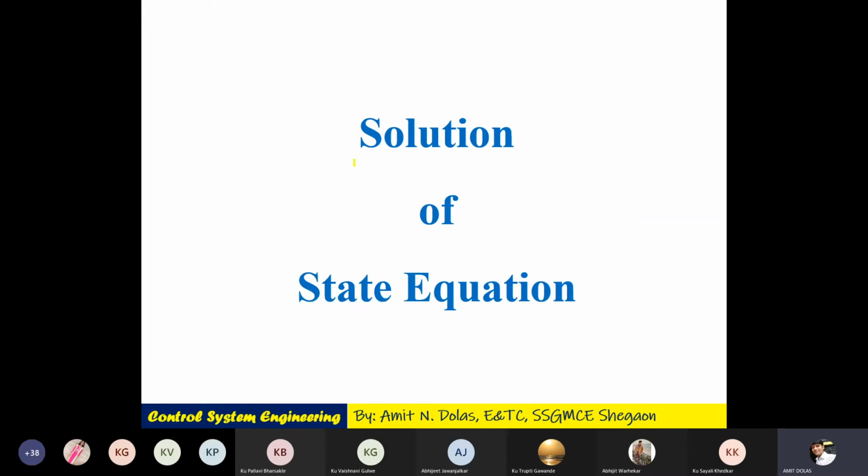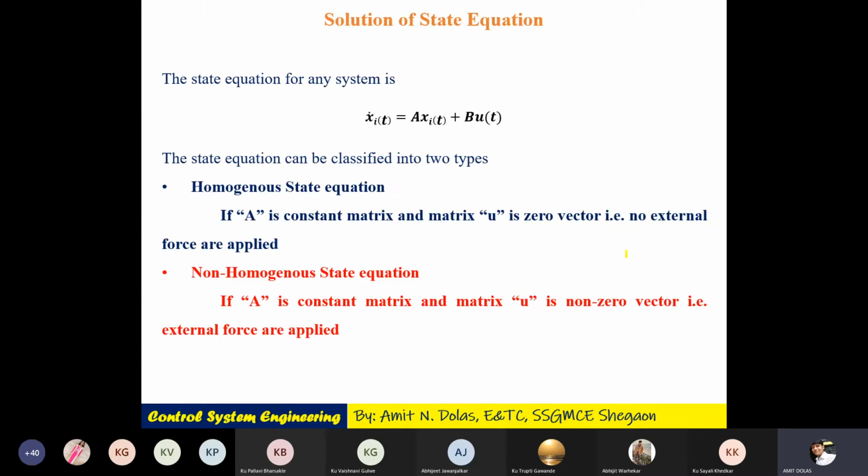So another thing in this unit number 5 is the solution of the state equation. Solution of the state equation means, if the state equation is given and you have to find out the actual signals of the input and output, that is of course in the time domain.